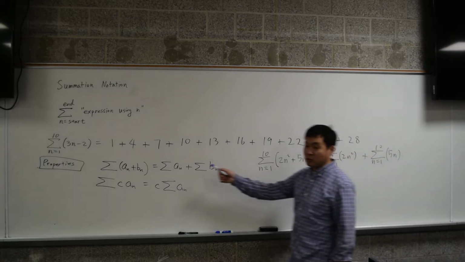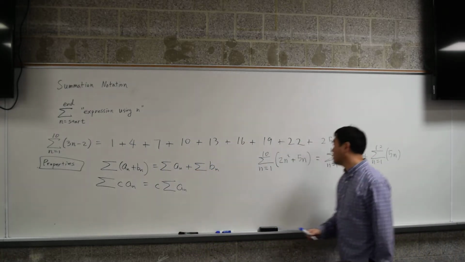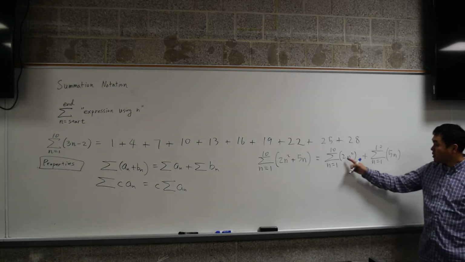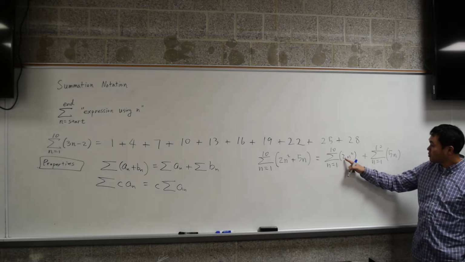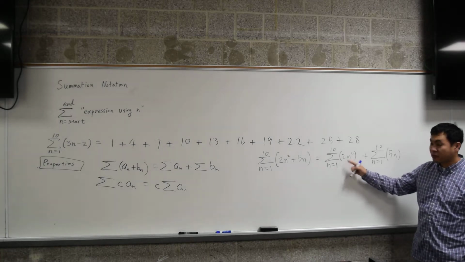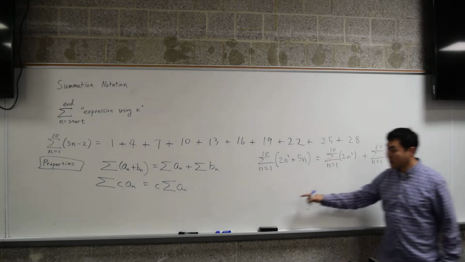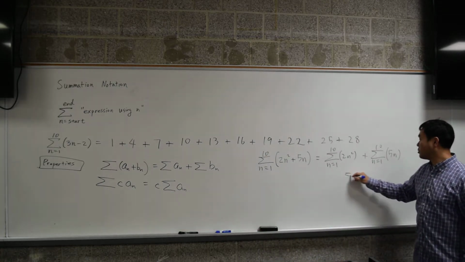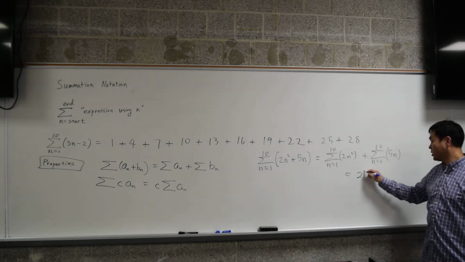That's what this first rule is saying. Moreover, these constants that are in front, you can pull them outside. That's what the second rule is saying. You can take those numbers and put them in front.